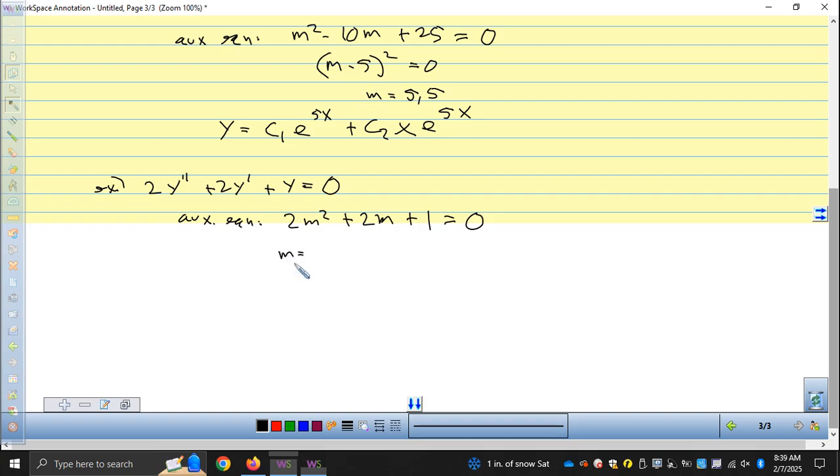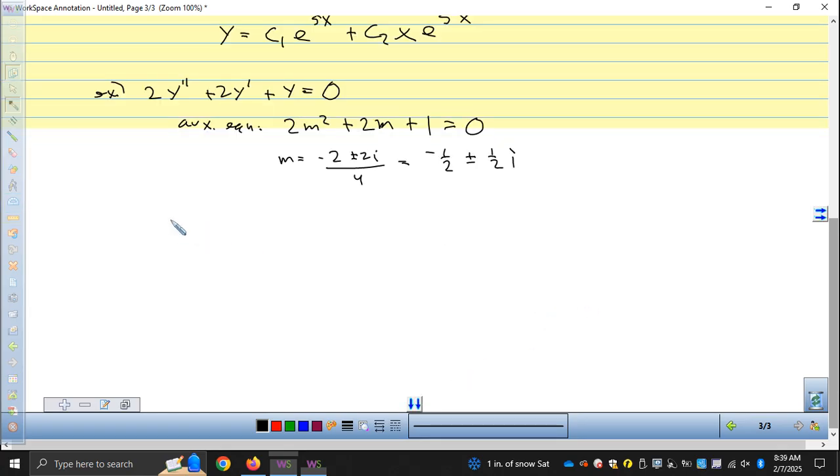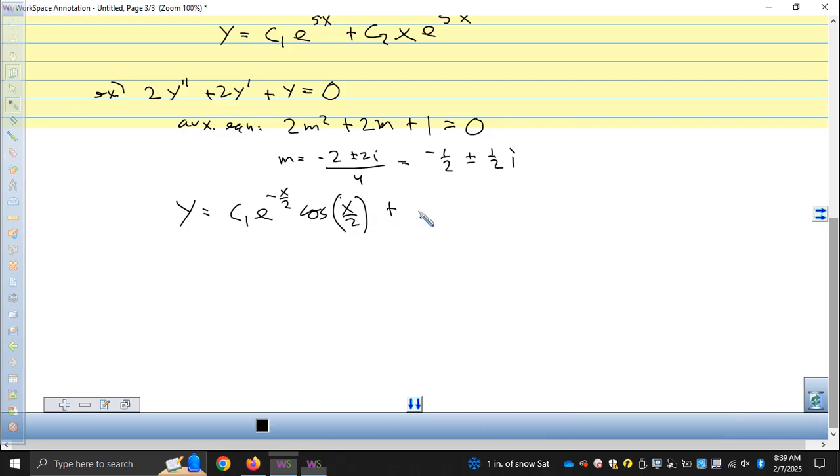If we do the quadratic formula, we end up with m equals negative 2 plus or minus 2i over 4, which is negative 1/2 plus or minus 1/2 i. So our general solution would be c1 e to the negative x over 2 cosine x over 2 plus c2 e to the negative x over 2 sine x over 2.